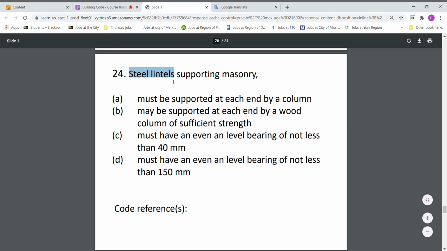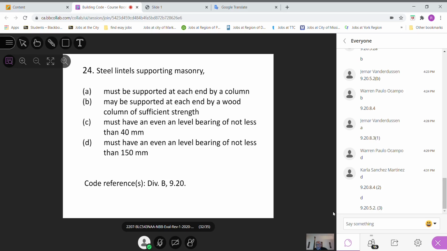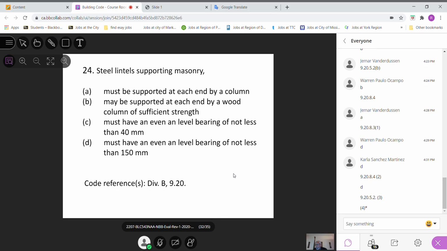D. All right, and your reference comes from... You got three. In my book, three sends me to the table. Since three sends me to the table, okay, that's better. 9.25.2.